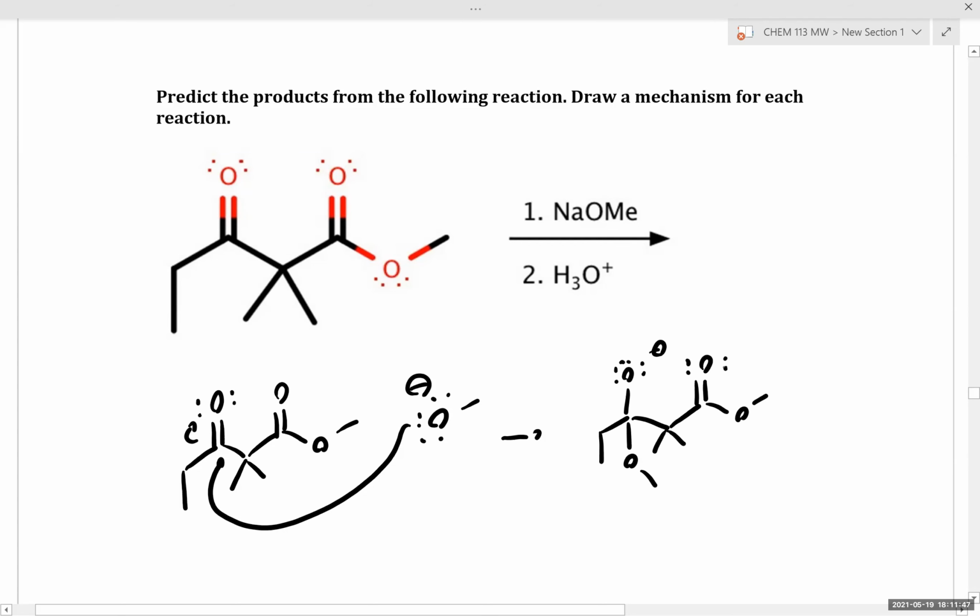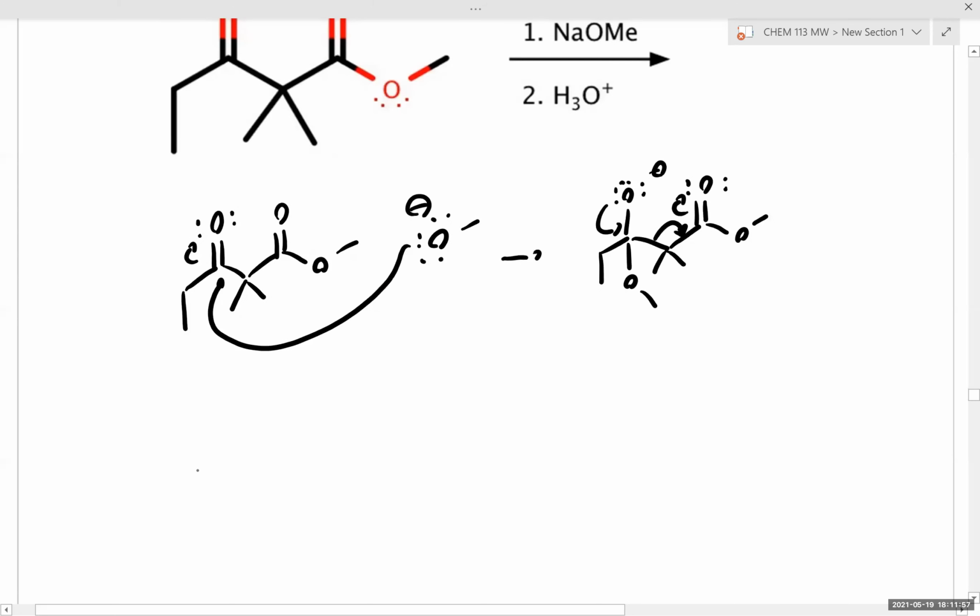We have this tetrahedral intermediate. What are we going to kick out? So we're going to kick out our ester enolate. That's exactly right. And that in turn generates an ester product along with this congested ester enolate. Yeah, exactly right.